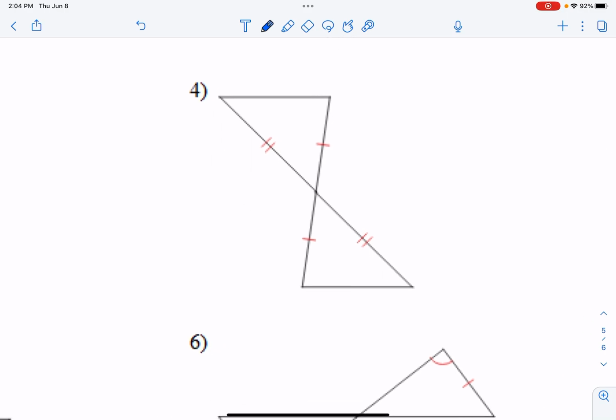Number 4, we have sides, so I don't know anything about these third sides. Though they look equal, I can't assume that, because you know what you do when you assume. But I have here a vertical angle formed, which just happens to be the angle between the sides. So this is going to be side angle side.